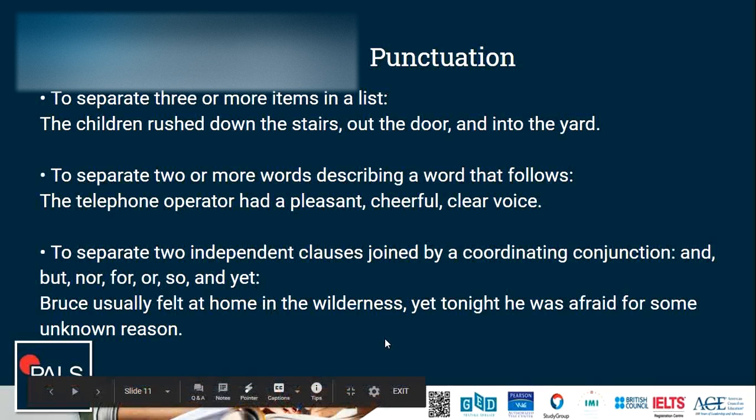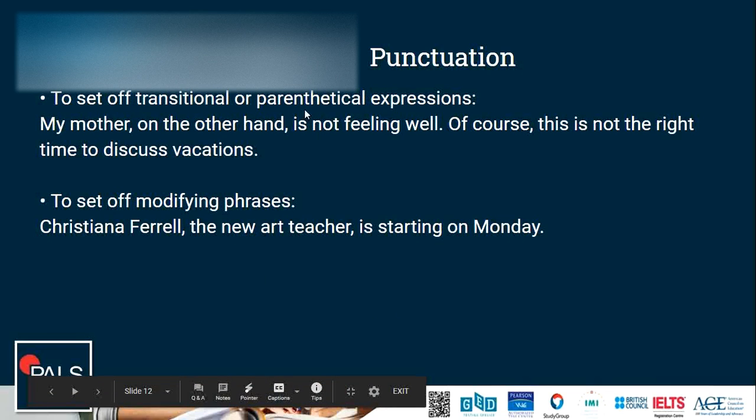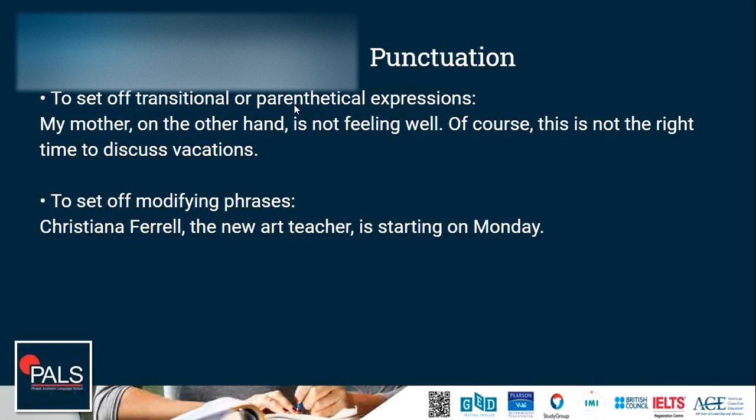And transitional or parenthetical expressions, like of course, my mother, on the other hand, we need those to be separated by a comma. And modifiers, like an adverb phrase or an adjective phrase, we need it as well.